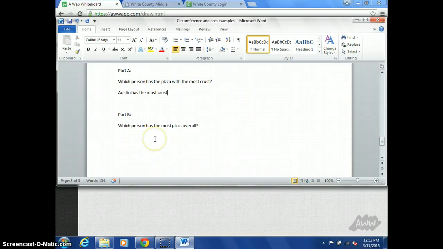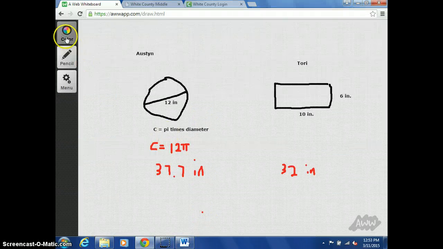What's the next question ask? Which person has the most pizza overall? All right, so let's go back to our work here. I'm going to switch colors. What tells us how much is inside of something? Area. Now for circles, area is pi times radius squared. The radius is just half of the diameter.